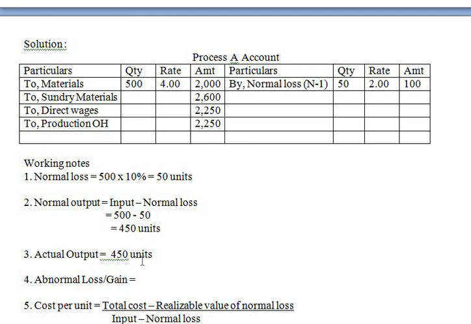If actual output is more than the normal output, then it means there is a gain. If actual output is less than normal output, it means there is abnormal loss. As here normal output as well as actual output is same, so there is no abnormal loss or gain, so that will be nil.